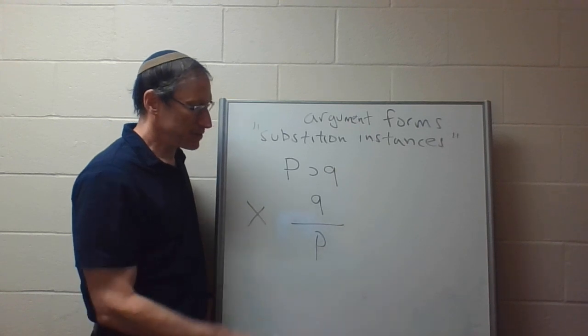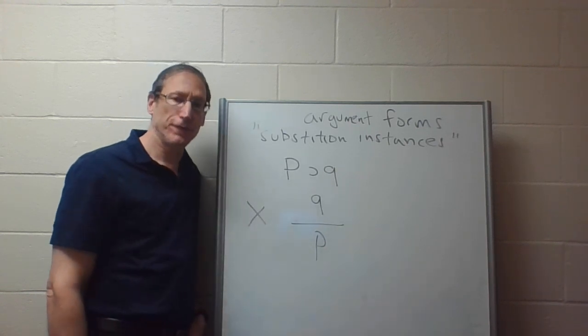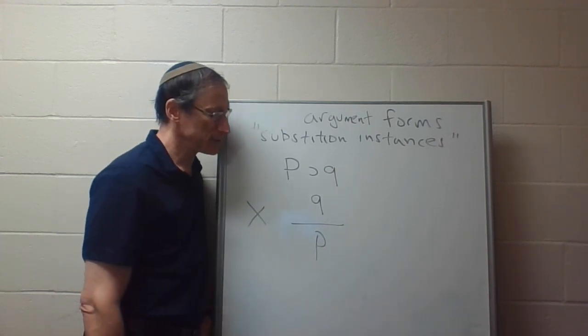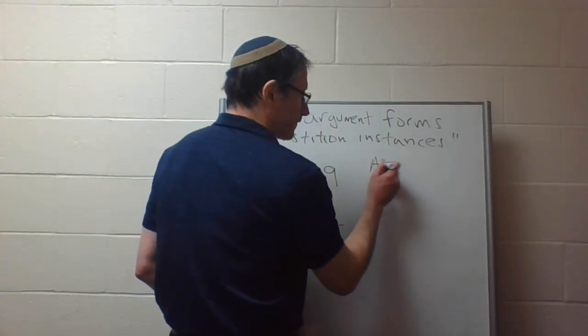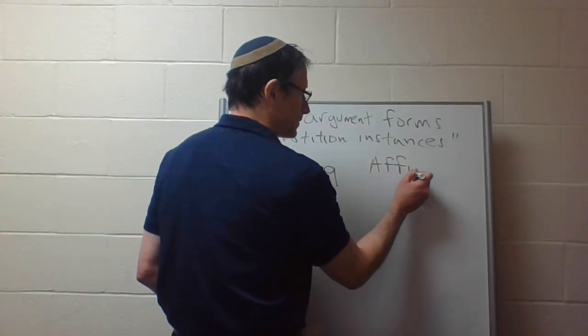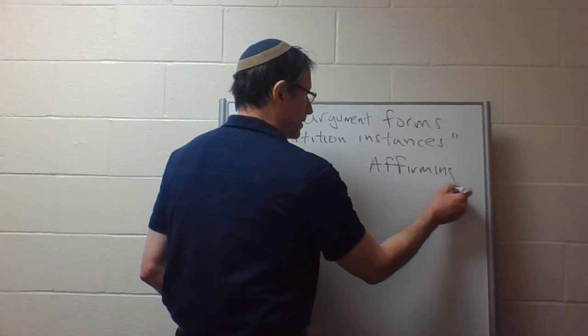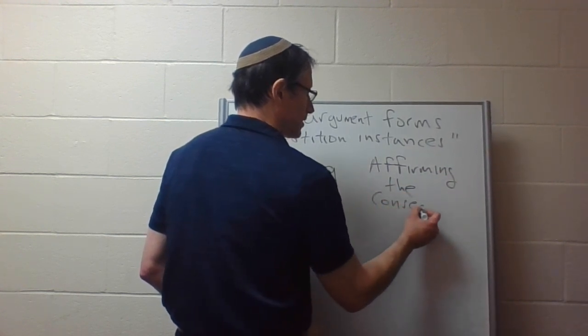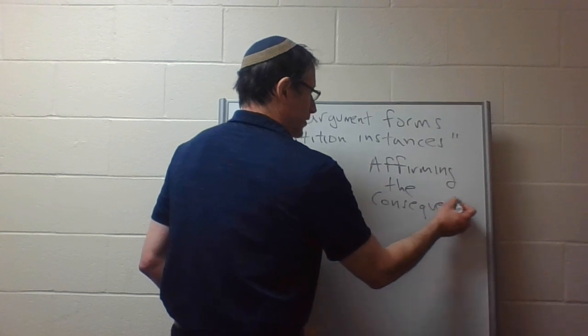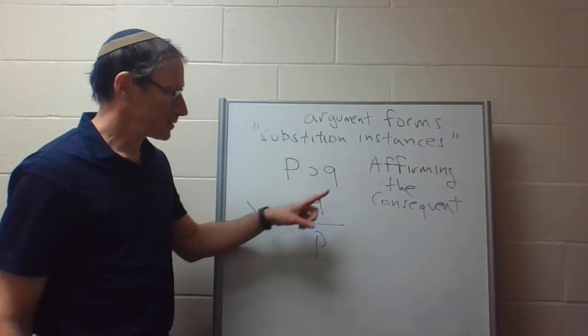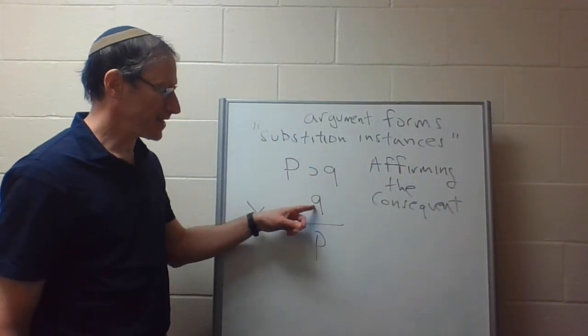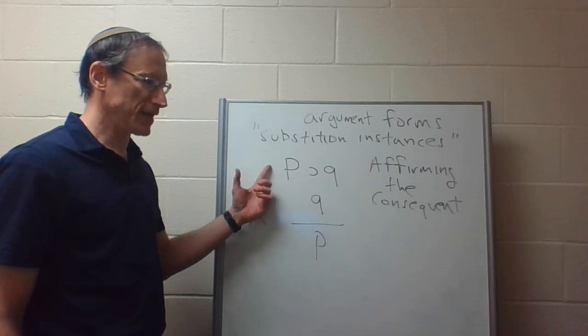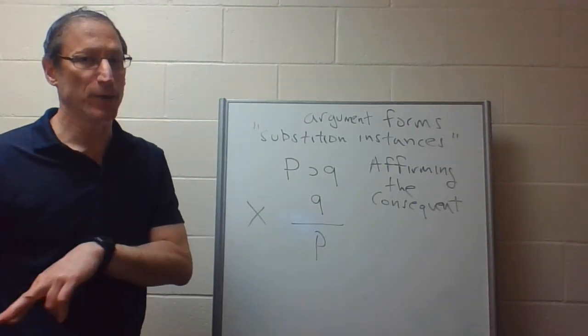And the name for this fallacy is called affirming the consequent, right? When you affirm the consequent, that doesn't entitle you to infer the antecedent. It's supposed to work the other way around, right?